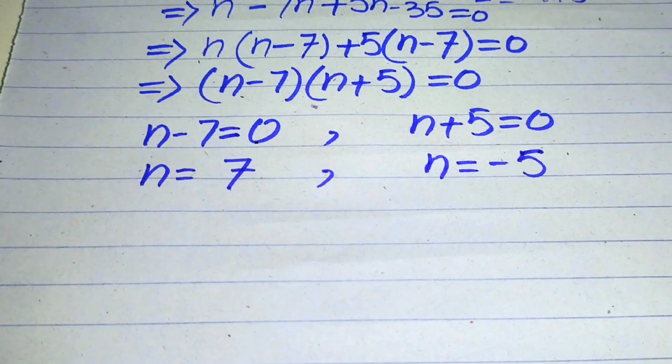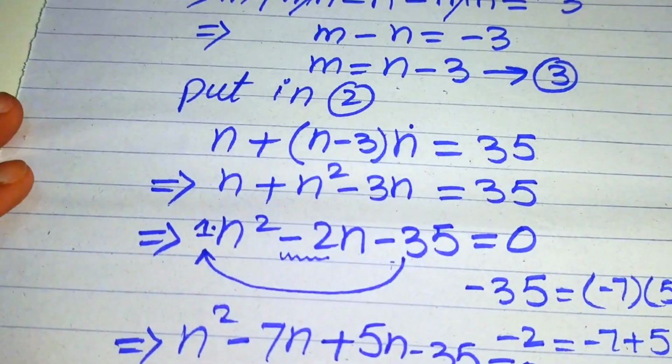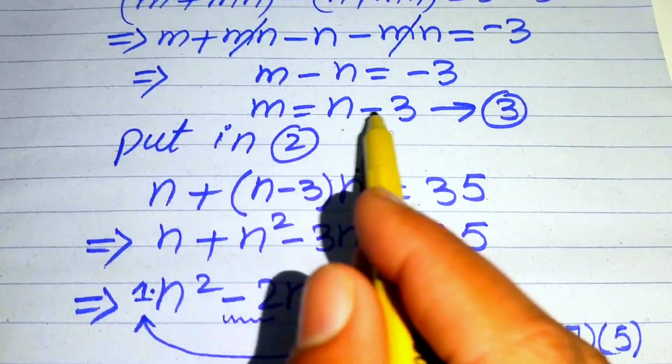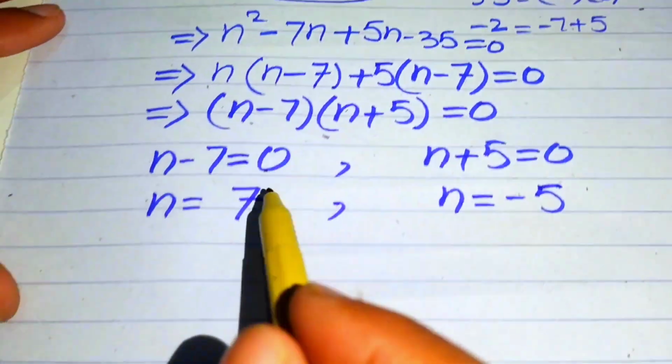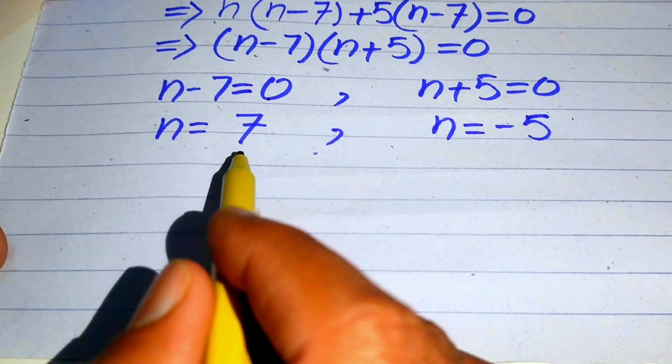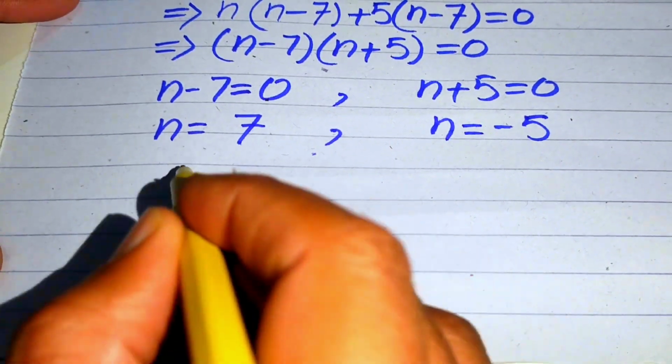Because our target is to find the values of m and n, but here we have only found the value of n, now we need to find the values of m. So we focus on equation number 3, where we have m equals n minus 3, and we put the values of n in equation number 3.